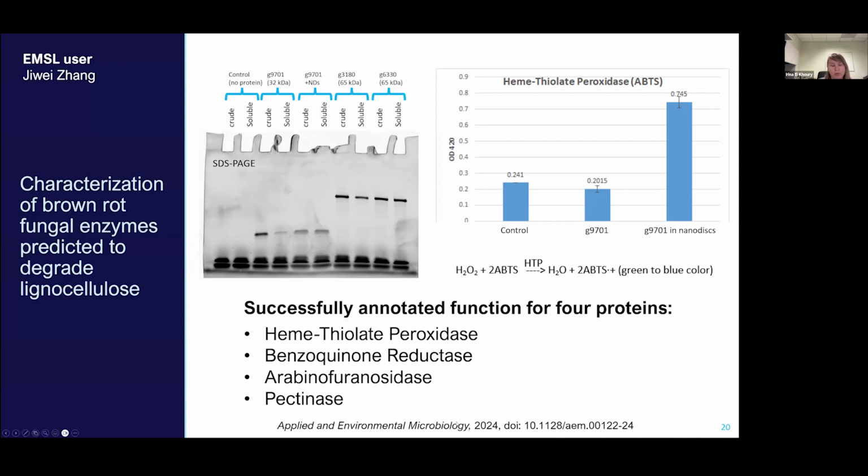So we know that our system works for fungal proteins, but we also encountered a few critical things that we know we need to add to our pipelines. For example, as you know, a lot of fungal proteins have different post-translational modifications.